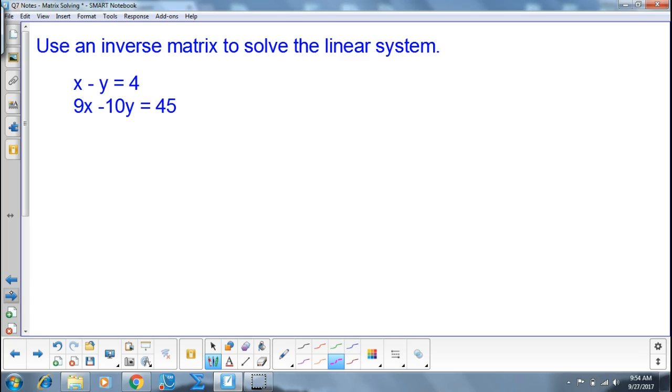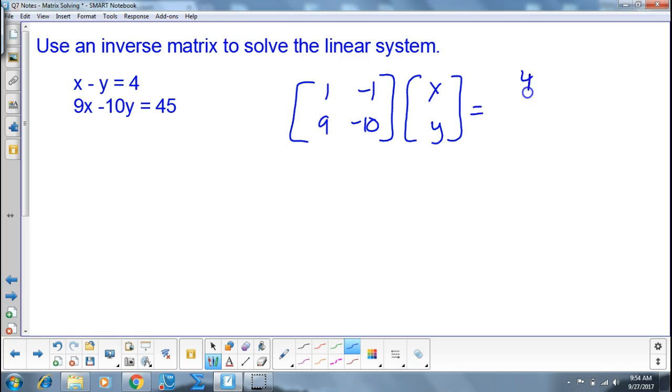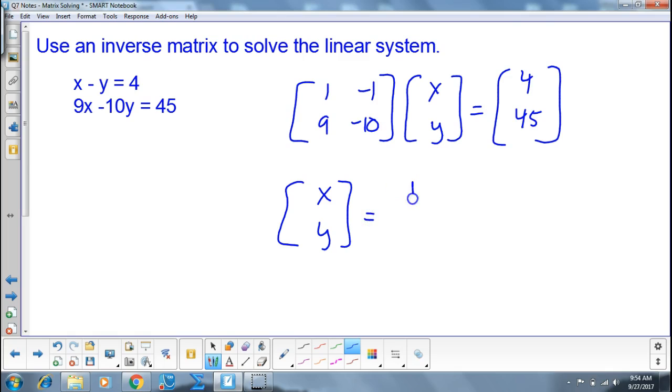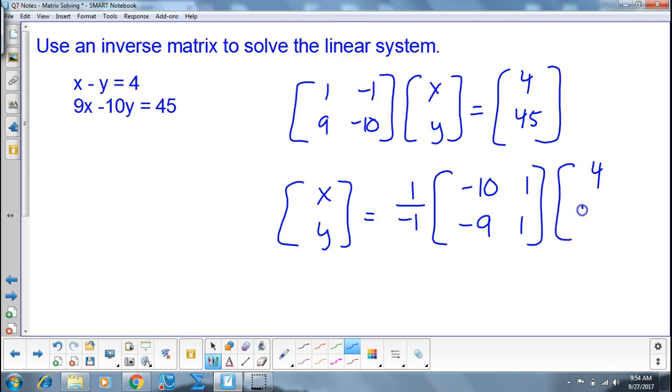Very quickly setting this one up. I'll just set it up quickly for you. 1, negative 1, 9, negative 10, x and y, 4 and 45. So then x and y here is going to be, that's negative 10, so that's 1 over negative 1 times negative 10, positive 1, negative 9, positive 1 times 4 over 45.